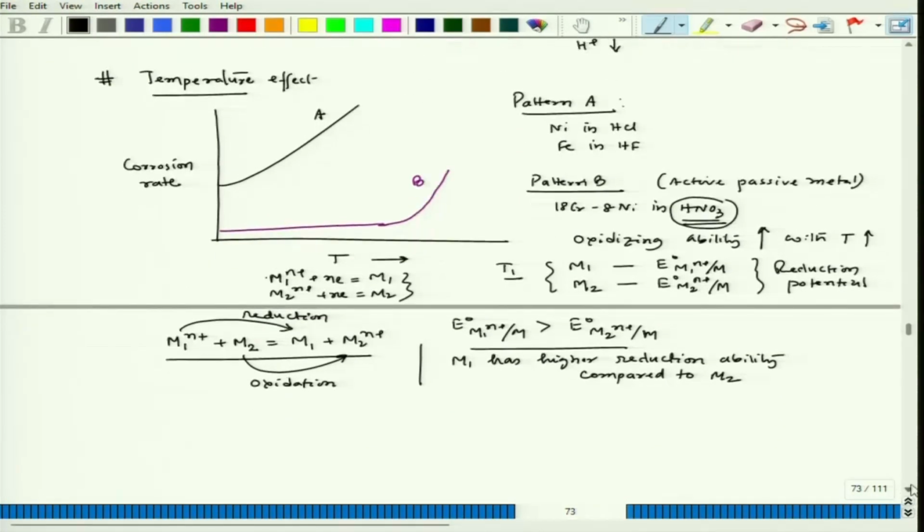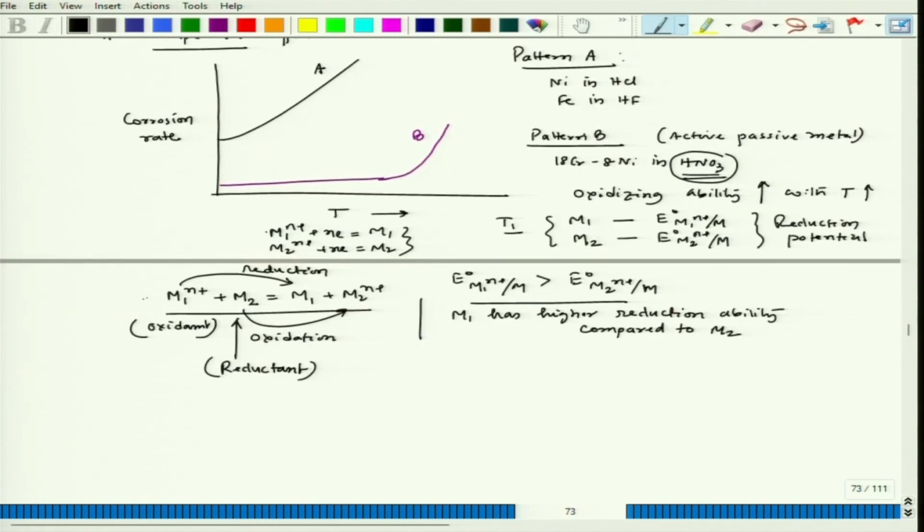Now, we can say that this is the oxidant and this is the reductant. We see that M1 has a higher reduction ability compared to M2, and in the equation M1 n+ is acting like an oxidant and M2 is acting like a reductant, and that is what we have: a redox reaction, reduction as well as oxidation.